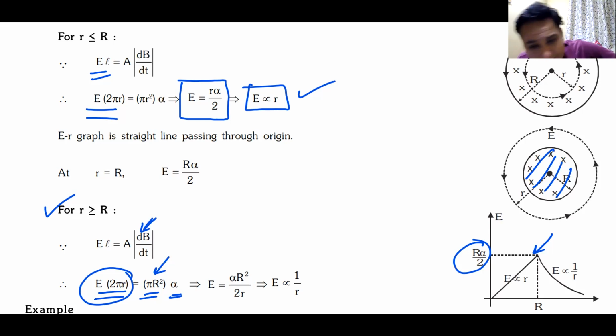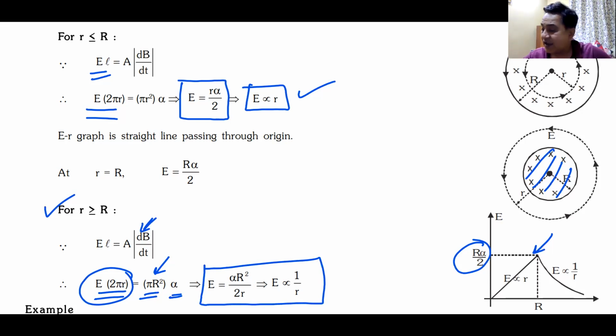So when I take area, it will be pi into capital R square, and when you find out the result, E would be inversely proportional to r and it will decay like this. So you will have maximum electric field appearing on the circumference. Yes or no? Yes, sir.